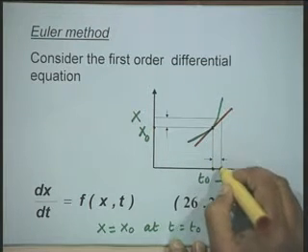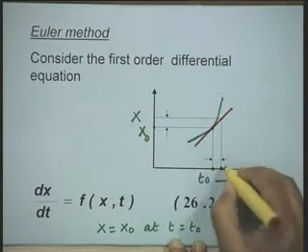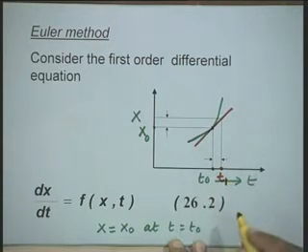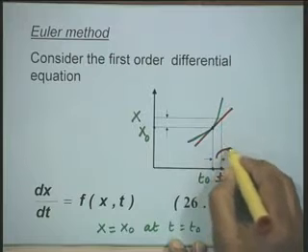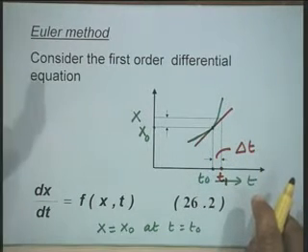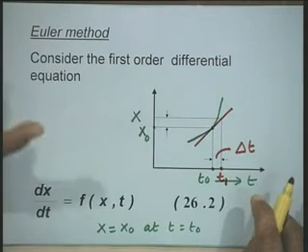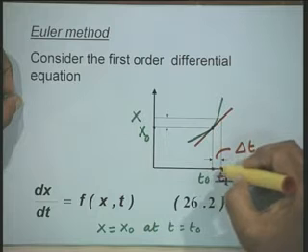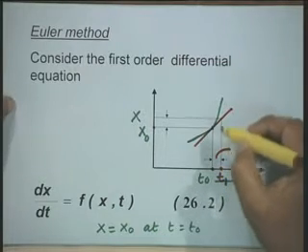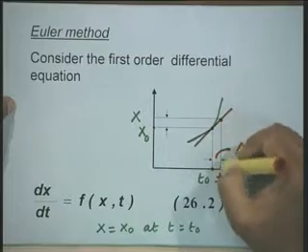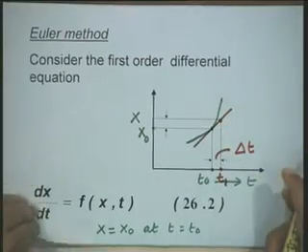Now, let us take a small time step and call this time instant t1, where this time step can be denoted by delta t, that is, t1 minus t0 equal to delta t. Now, if we take a small value of this step, then the value of x at t equal to t1 can be represented by this equation.